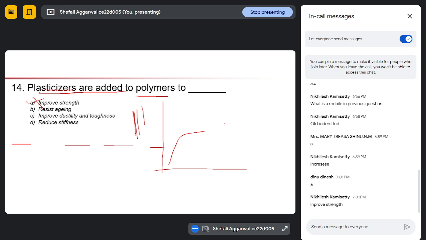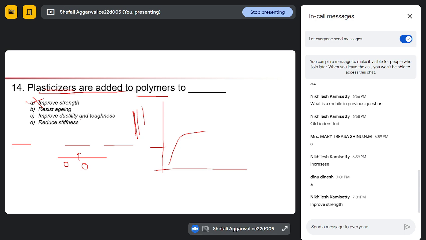So what exactly are plasticizers doing? Like in case of concrete, we are adding superplasticizer and they provide steric hindrance between our concrete particles, which improves the workability, right? In the same way, the plasticizer in polymer will have the same type of effect on your polymers. They will increase the durability of your polymers.